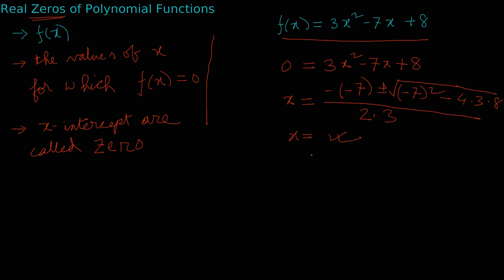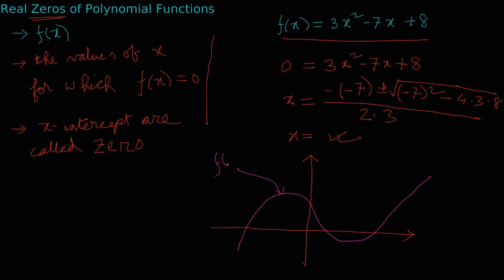Now let's say I am plotting any polynomial function f(x). What are the real zeros of this polynomial function? The x-intercepts. I have one x-intercept here, one here, and one here.